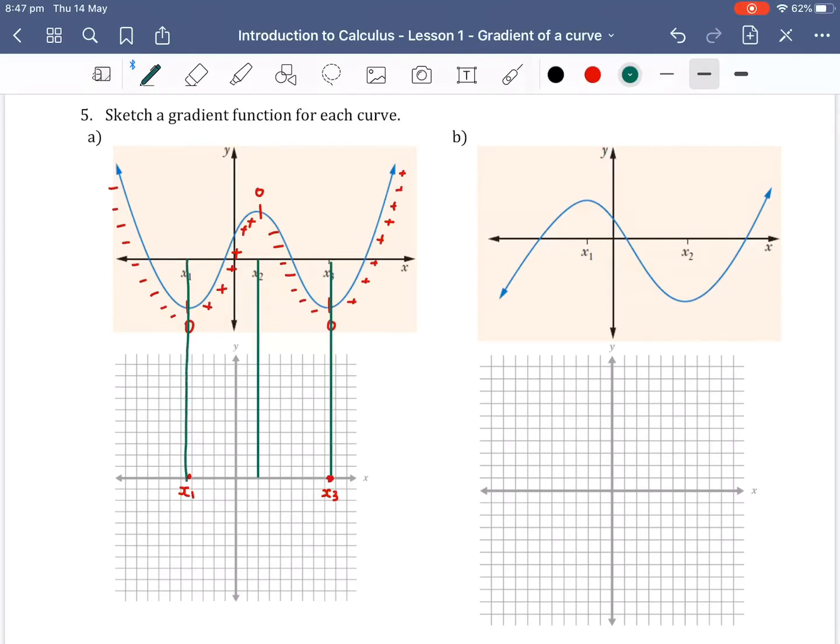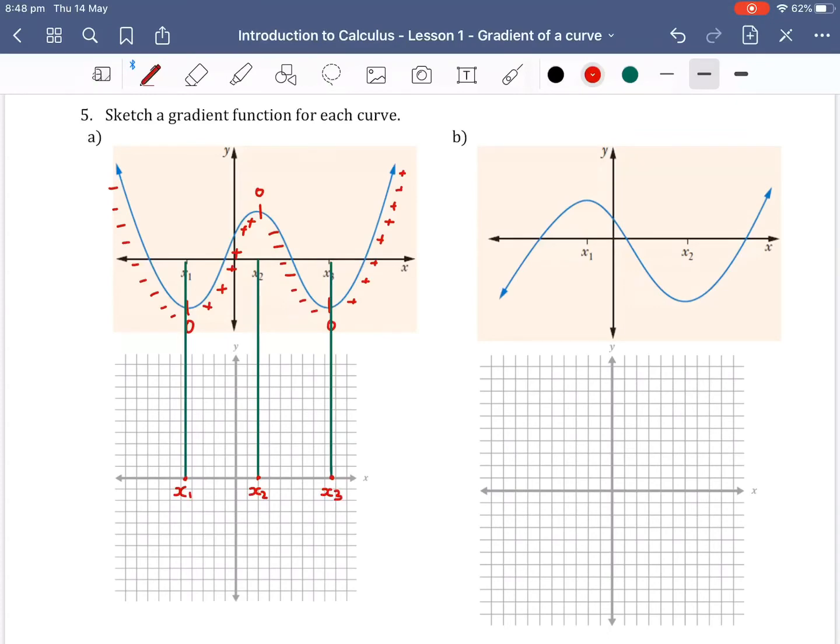So you really want to have the graph above it so that you can draw these lines going down. Okay, so just going to fix these ones up. So this is our x1, our x2, and our x3.